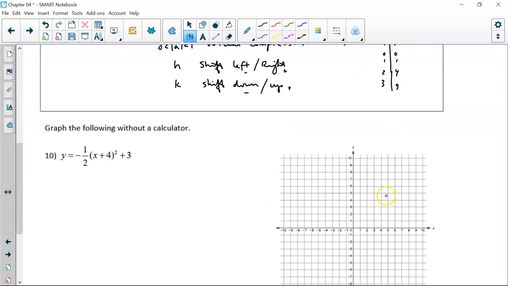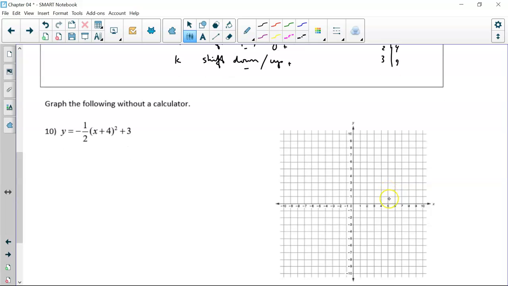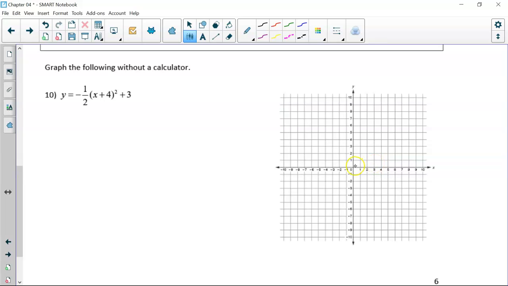Those are our anchor points. So now, using our anchor points, I'm going to first start by plotting my anchor points. 0, 0, 1, 1, 2, 4, 3, 9, -3, 9, -2, 4, -1, 1.